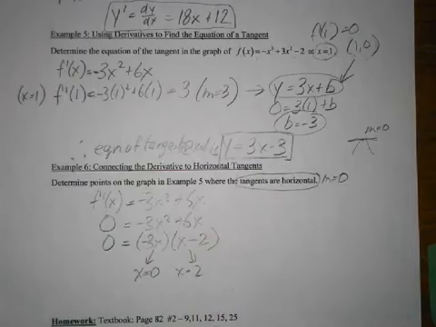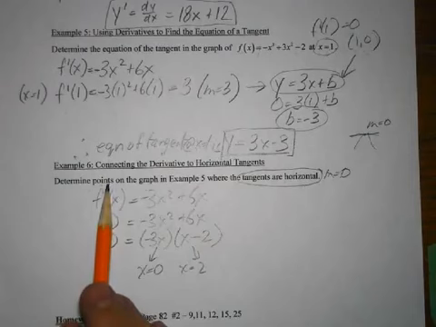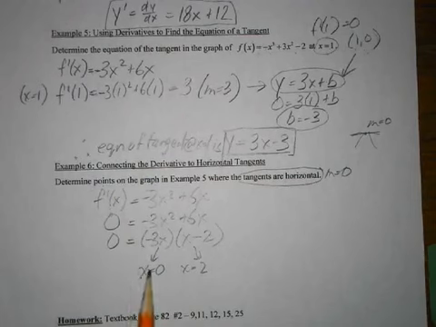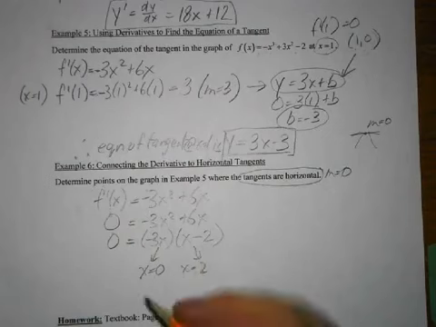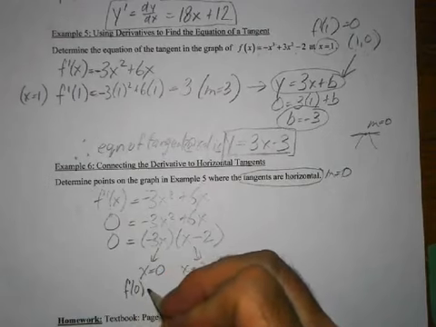Now, we're not quite done because it says determine the points. It doesn't say just determine the x values. So now we got to go back and plug in x equals 0, not in here because this is the derivative function. So I'll make it very clear. We need to know what f of 0 is.